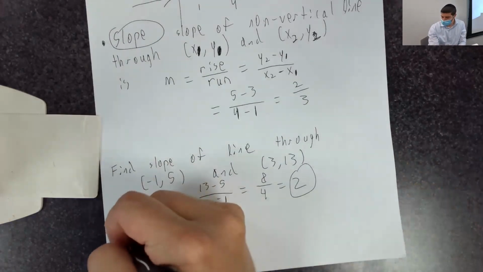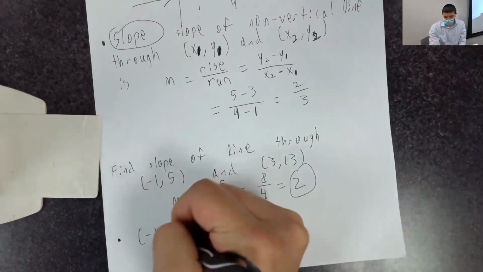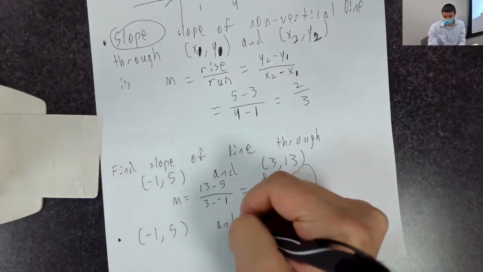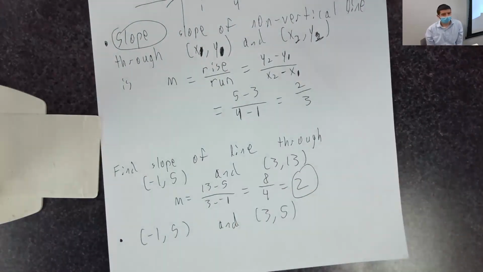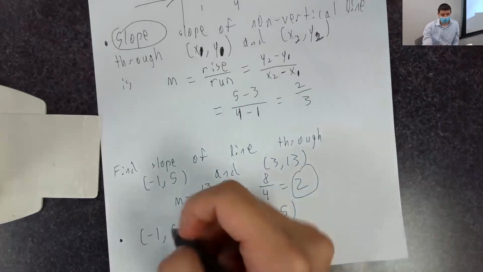Okay. What about -1, 5 and 3, 5? Is that Becca? What's the slope between those two?